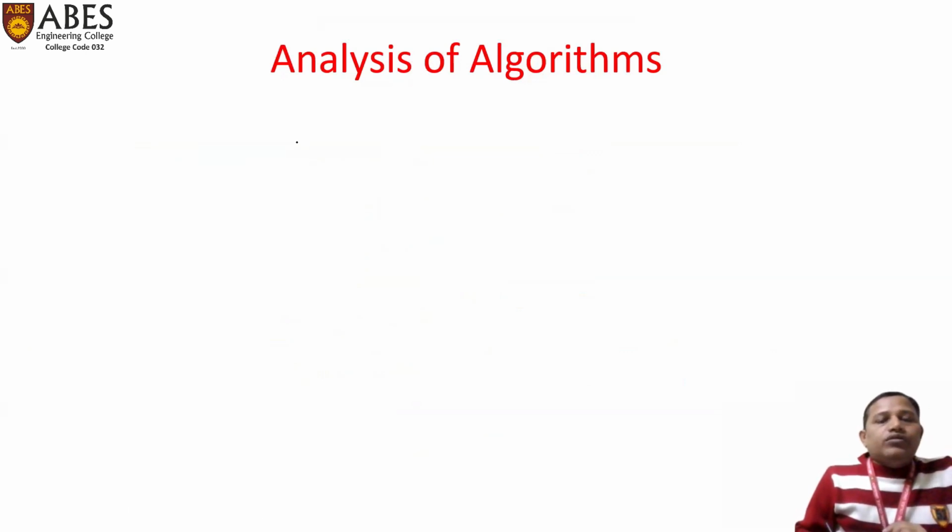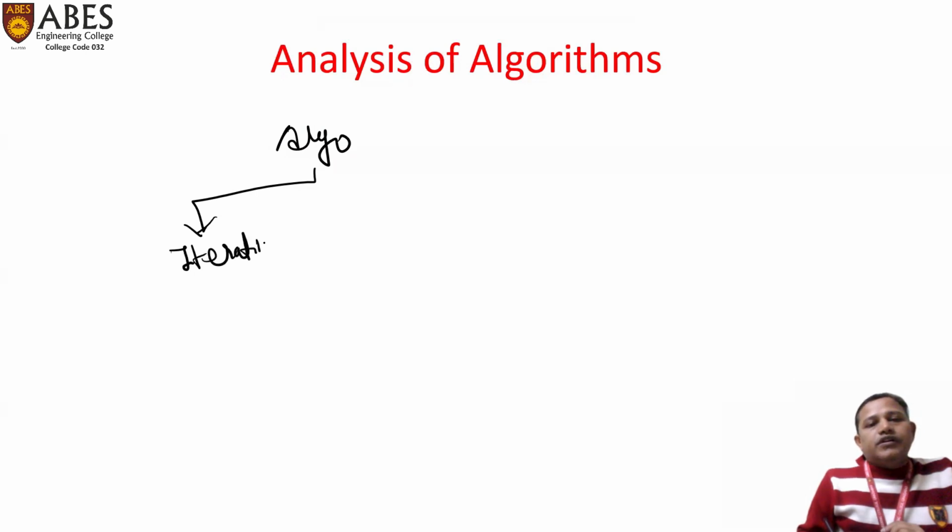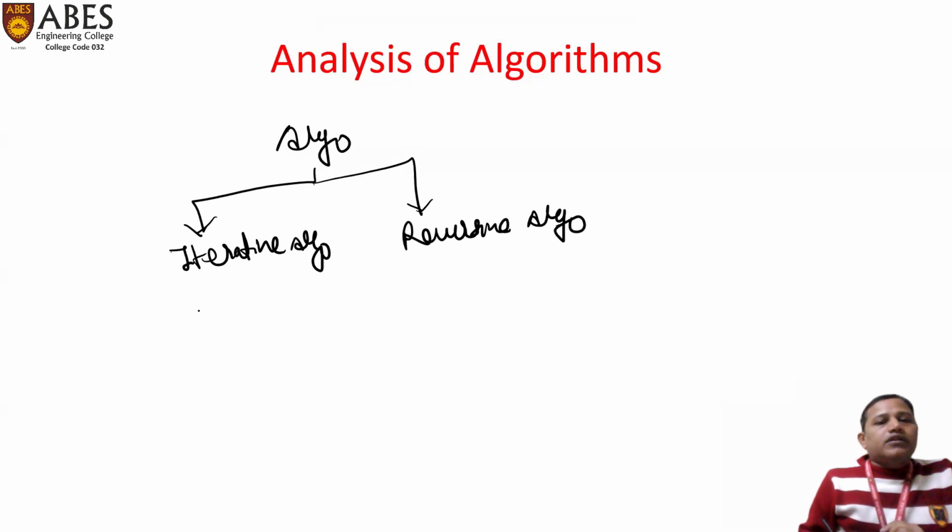First, we know how many types of algorithm there are. There are basically two types of algorithm. First one is iterative algorithm, and second one is recursive algorithm. In iterative algorithm, we have loops.